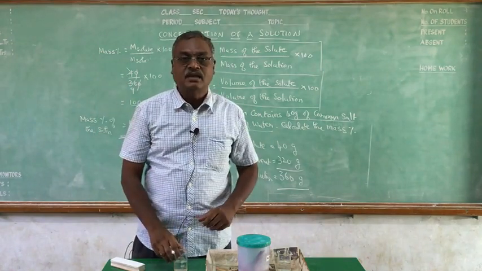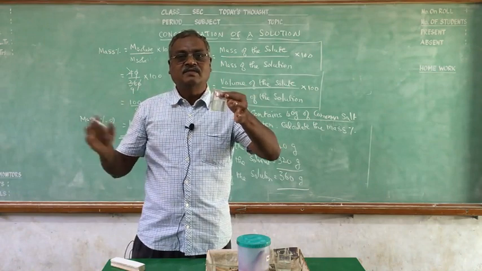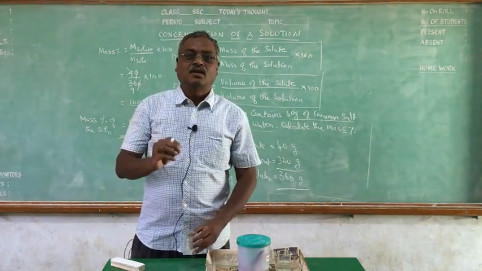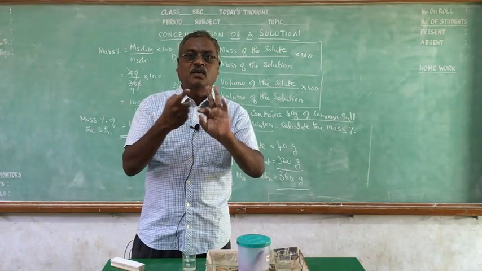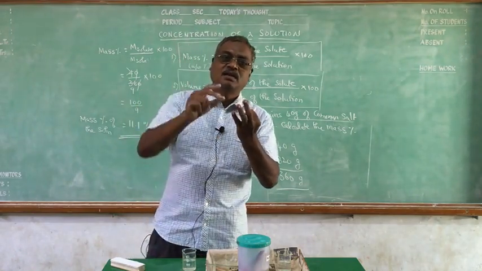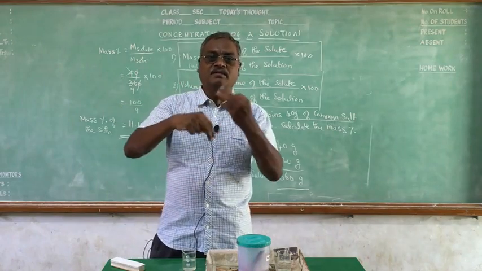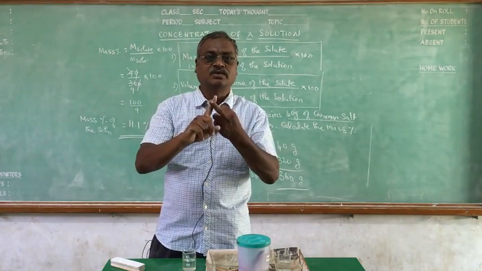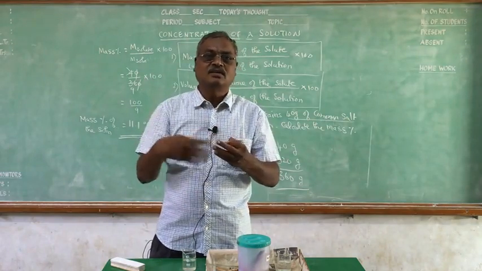This is the way to find out the concentration. Today in this class we have studied what is meant by solute, solvent and solution. Solute means a smaller portion which you are dissolving in the solvent. Solvent is a larger quantity, and when both are mixed, that is known as solution. Concentration, how much amount is dissolving, is known as concentration.